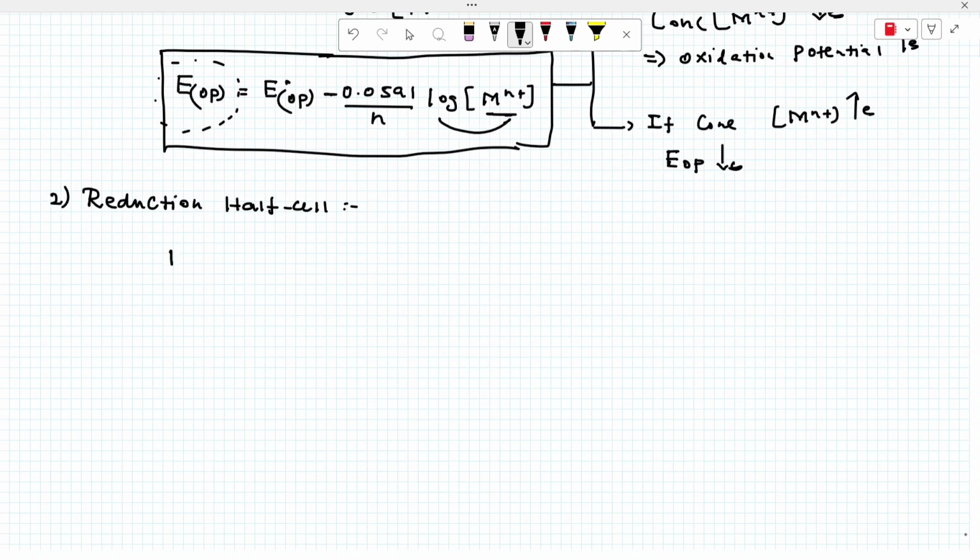Same now: M^n+ gains n electrons to become M, the solid. What is the Q value for this reaction? What is the M solid value? The activity of solid is 1, divided by [M^n+].